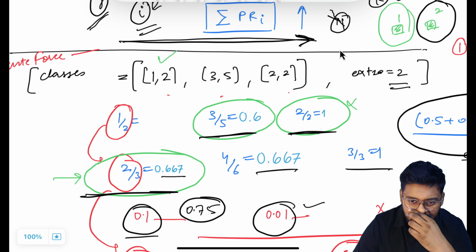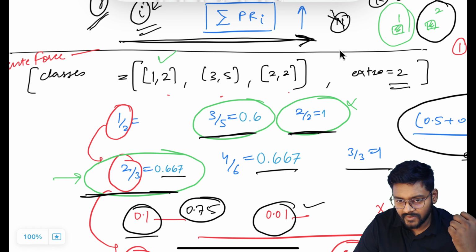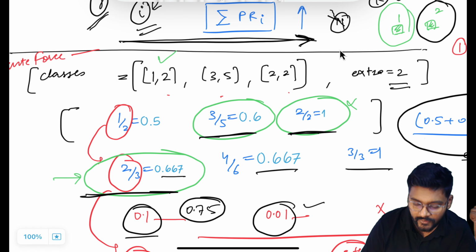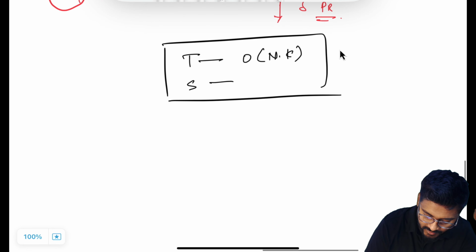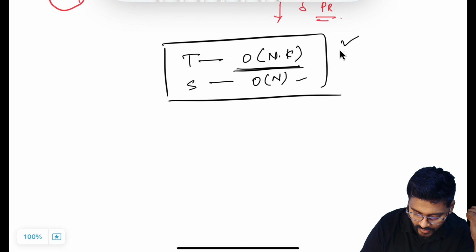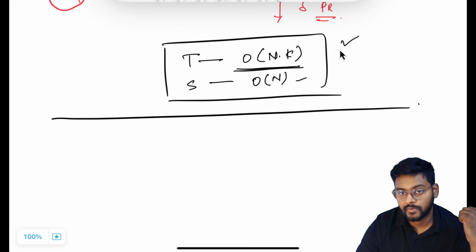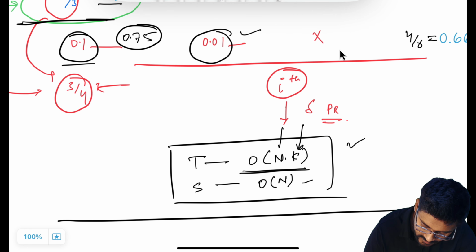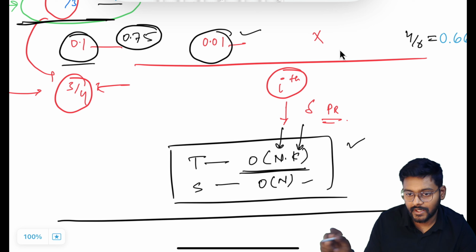Even if we are not, we can do it in O(1) as well. But let's say we have taken an extra array to store our passing ratio. In that case, we can call it O(n). This can be optimized, but it's totally up to you. So time is the main concern, which is O(n times k) in this brute force approach. k is the total number of brilliant students, and n is for iteration over the classes.